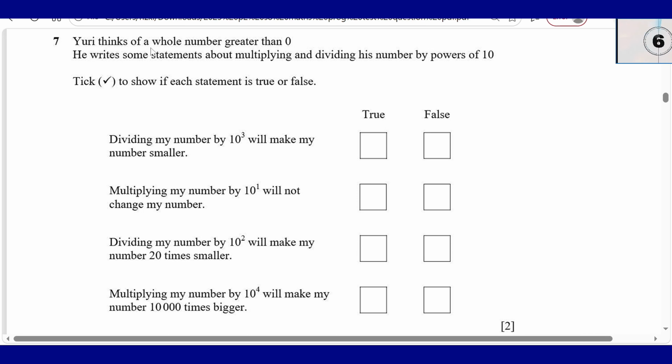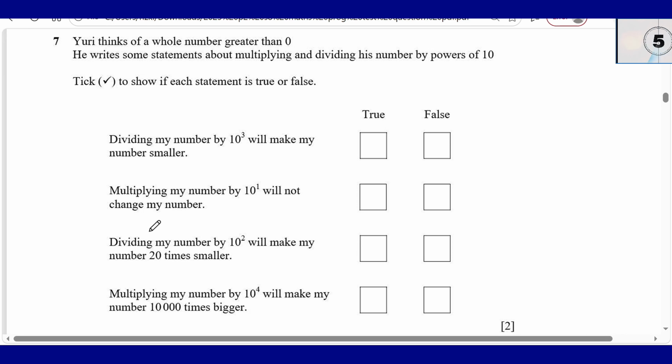Yuri thinks of a whole number greater than 0. He writes some statements about multiplying and dividing his number by powers of 10. Show if each statement is true or false. 1. Dividing my number by 10 to the power of 3 will make my number smaller. True or false? Multiplying my number by 10 to the power of 1 will not change my number.